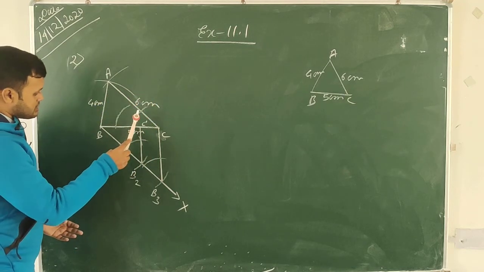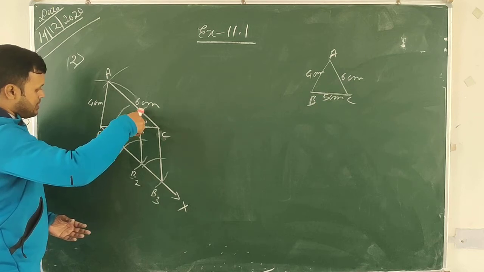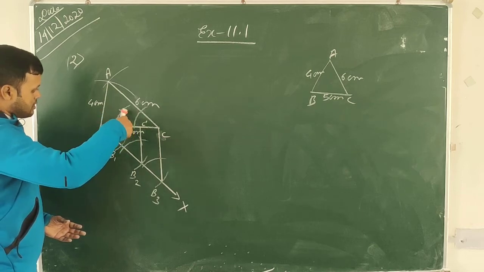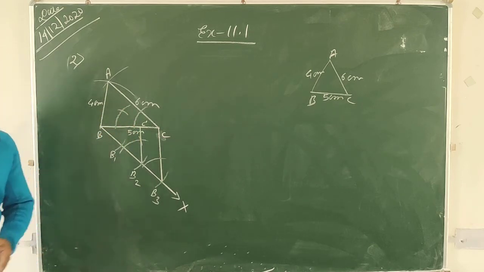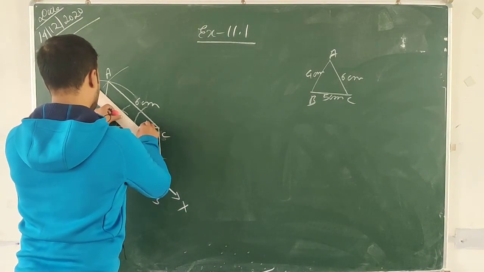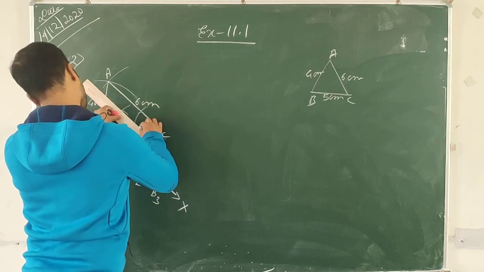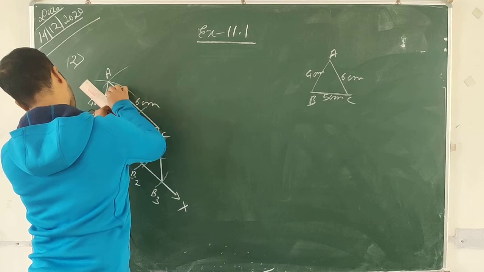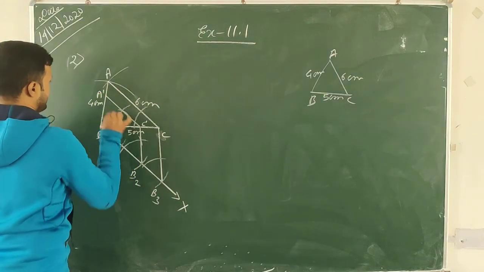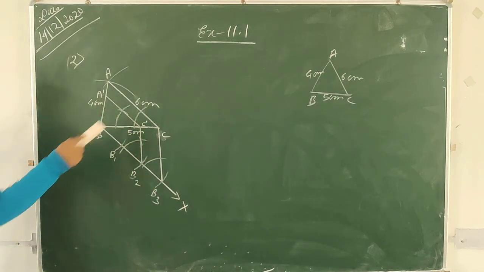Now I will take this measure, this angle, and measure here like this, and from this point I will cut an arc. Now from the point C dash I join this, so this will be A dash. So this is the required triangle. A dash B C dash is the required triangle.